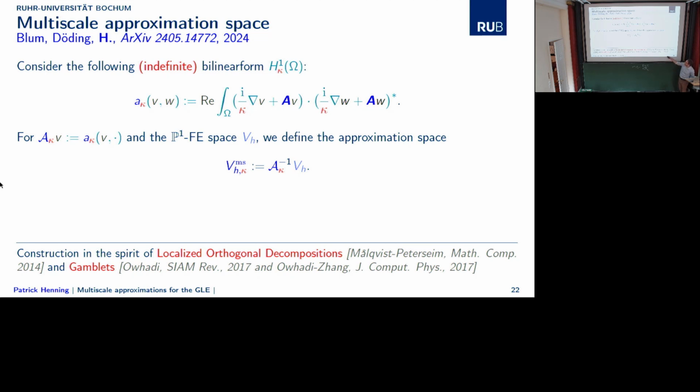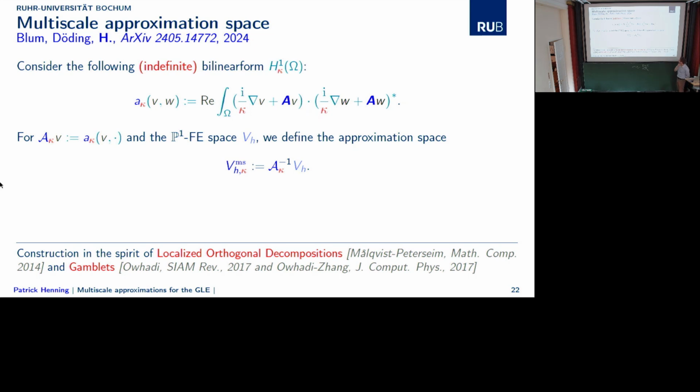So we take, again, this bilinear form that we have seen before, which is the linear part of the second derivative of the energy. That induces some operator, and our multiscale space now is the inverse of that operator applied to finite element functions. This is essentially the LOD construction, maybe not in a way as you have seen it before, but you can prove that this is essentially the same.